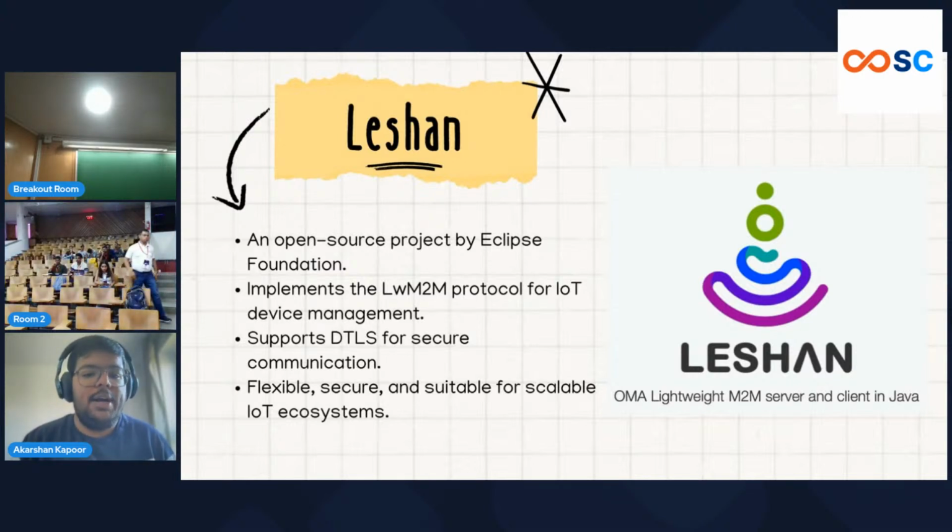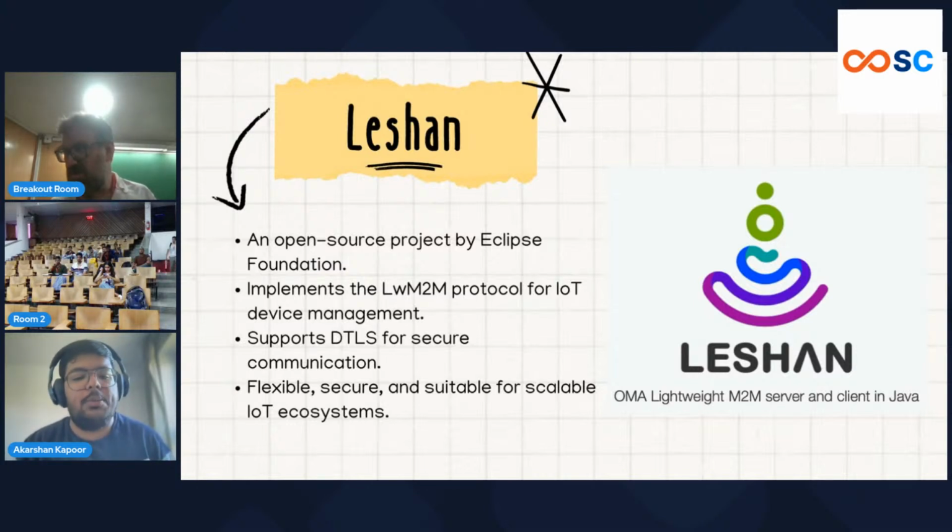What does Lation provide? Lation provides basically a client, a server, and a bootstrap server. A bootstrap server is basically an init file. In layman terms, it is an initialization file. It sort of helps you to configure the entire server setup along with the client management. It has support for DTLS for secure communication and hence provides for suitable scalable IoT ecosystems.